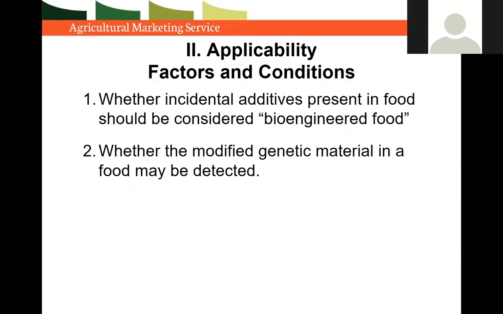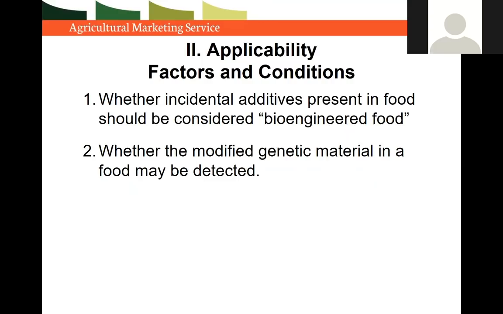The proposed rule explores two requests for factors and conditions that AMS has determined meet the proposed standard for consideration. First, whether incidental additives present in food should be considered bioengineered food and labeled accordingly. Second, whether the modified genetic material in a food may be detected.